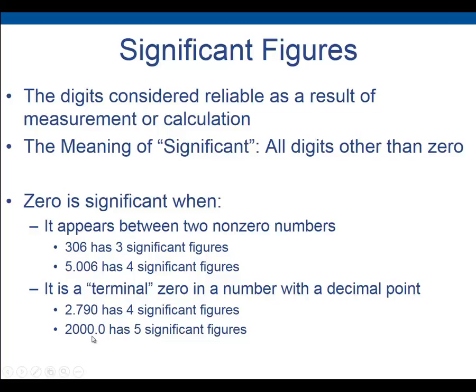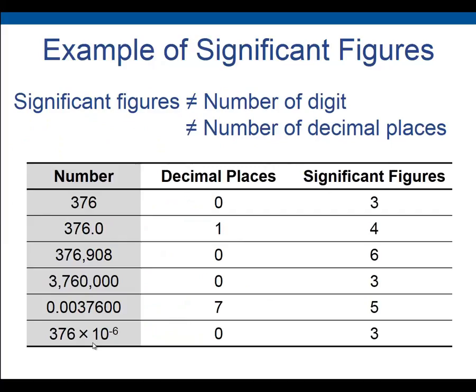How about 2000.0? It has 5 significant figures. Okay, the number ends with 0, so this 0 is considered a significant figure. So again, significant figures is not the same as the number of digits or the number of decimal places. Here is an example.